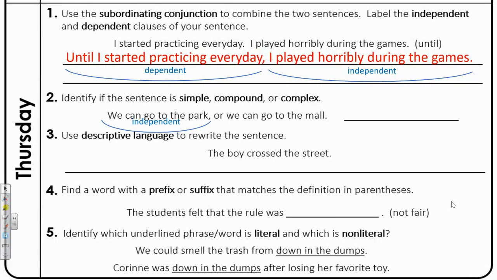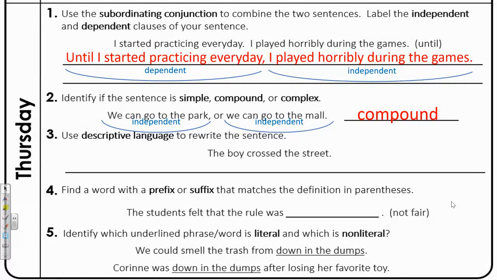The second clause, we can go to the mall. That is also an independent clause that's combined there by a conjunction. When you have two independent clauses, that is a compound sentence. Just like when you have two words joined together like rain and bow, that is a compound word.